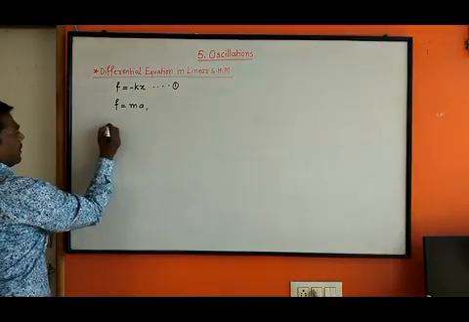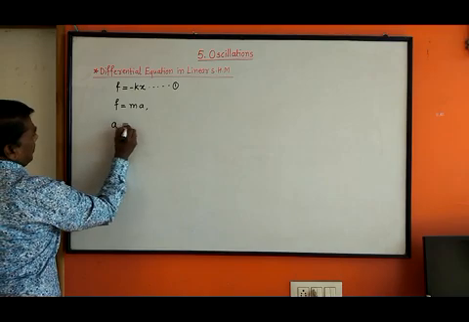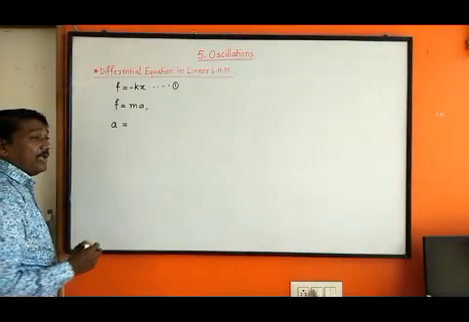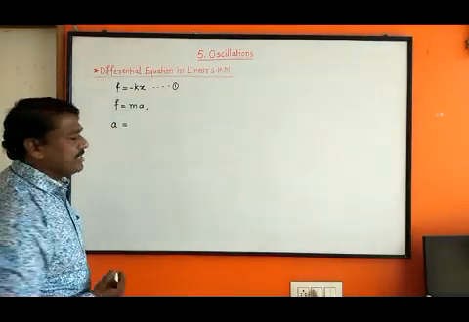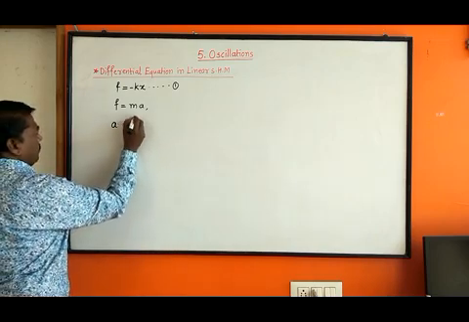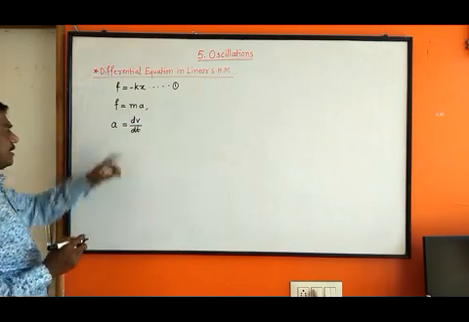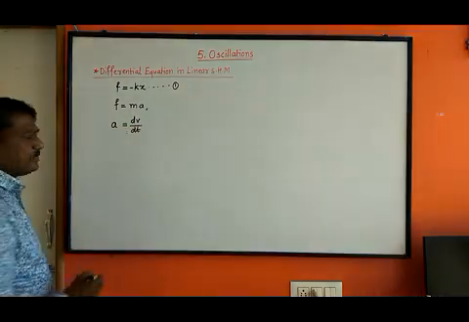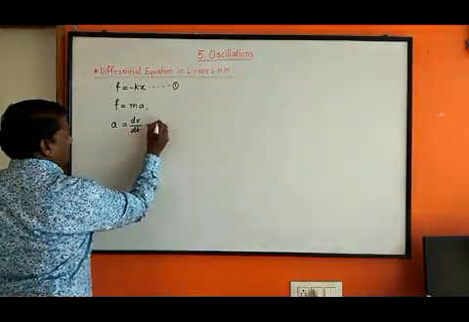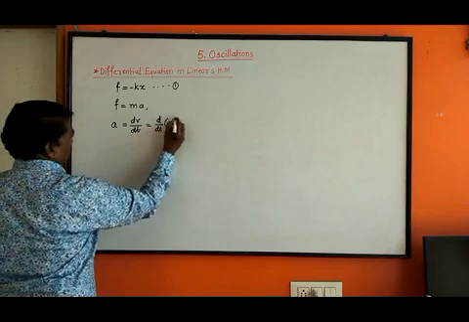So if you remember, acceleration is nothing but the rate of change of velocity with respect to time. So we can say a is equal to dv by dt, that is d by dt of velocity.